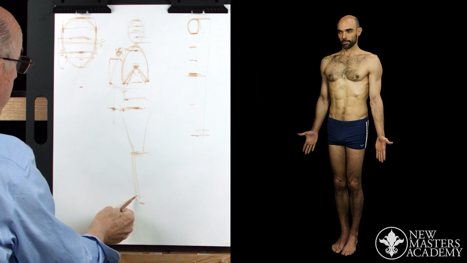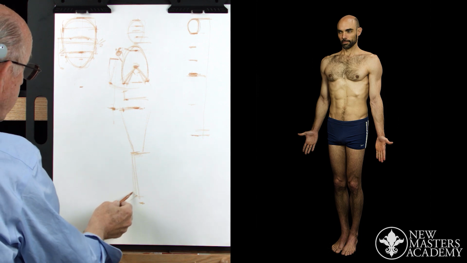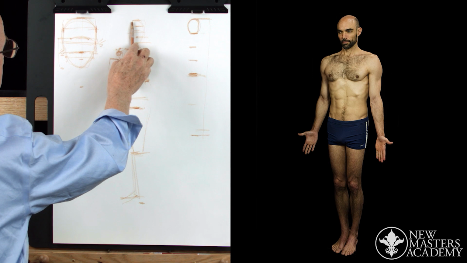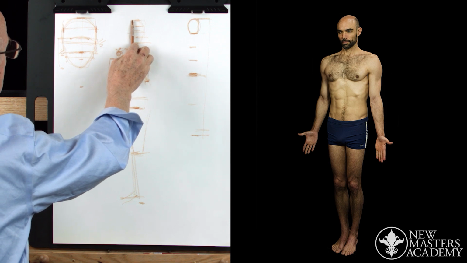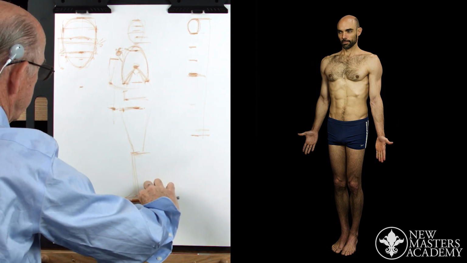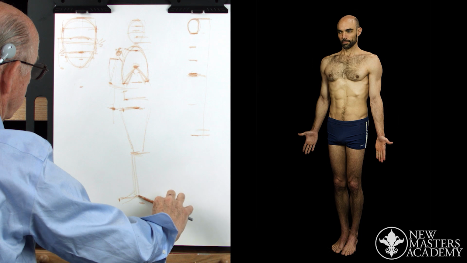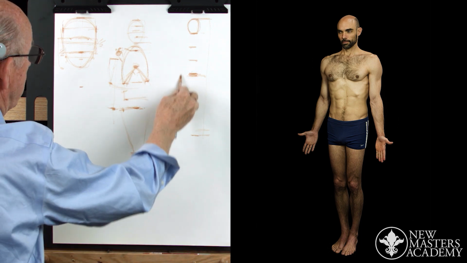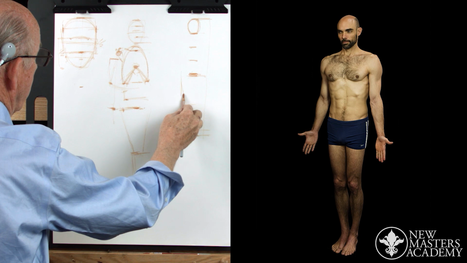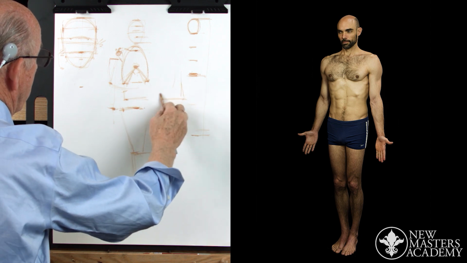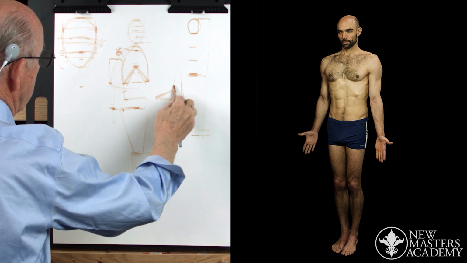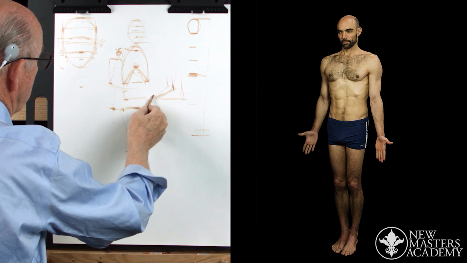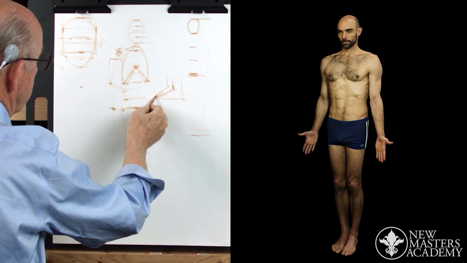Now, the size of the foot, of course, varies from one person to another, but the foot is basically the same size as the head. And if we take the shape of the foot, coming out this way, you'll find that your hand will fit from the arch to the end of the big toe.